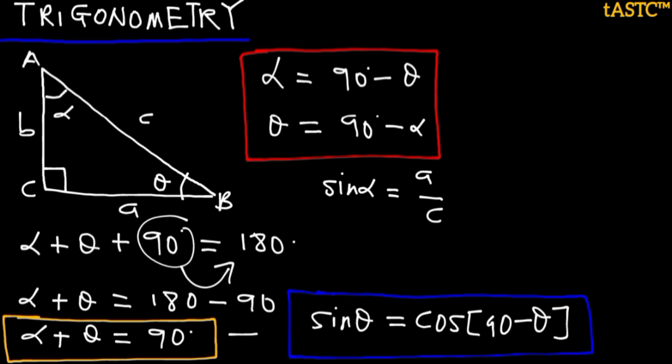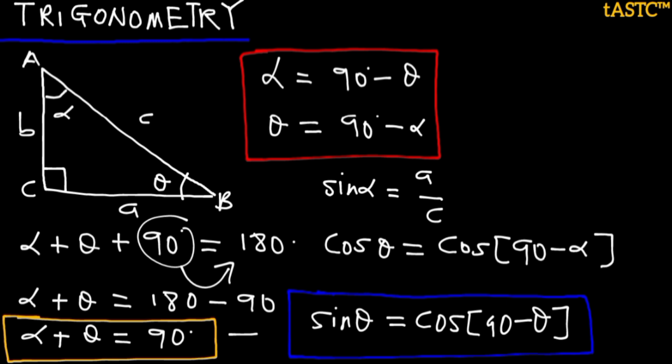Now as usual, you know that alpha is equal to 90 minus theta. Now theta is equal to 90 minus alpha. So this is going to be cos of 90 minus alpha. So let us just find cos theta directly.